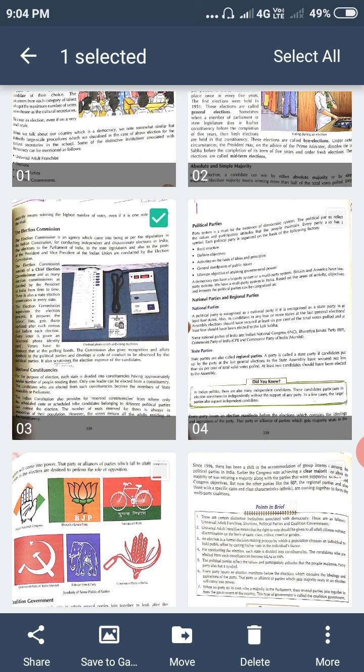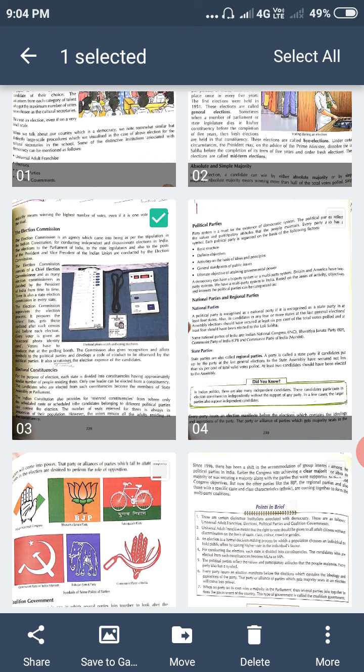Now, what is the duty of the election commission? Election commission supervises the whole election process. It prepares the voter list and updates the list after each census. Now, what do you mean by census here?